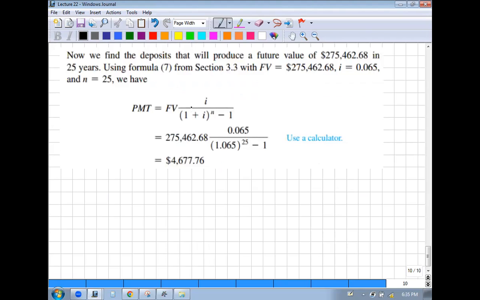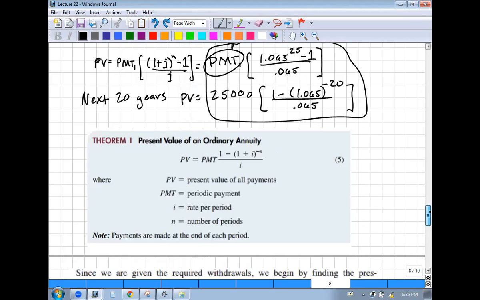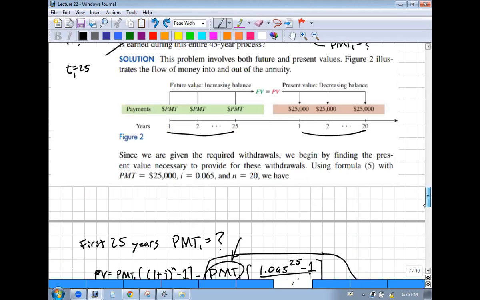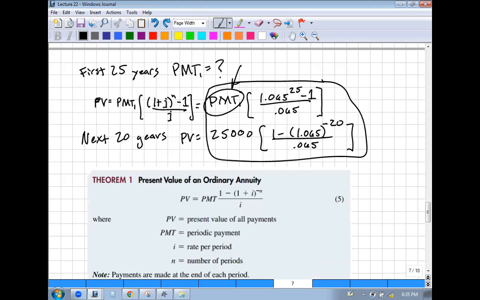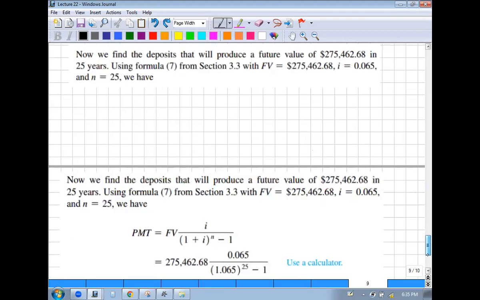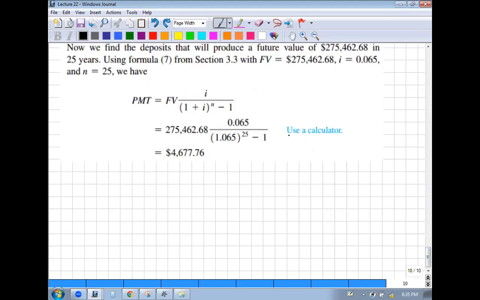So here they solve for PMT first, which I guess you could do and plug it in. So they did it backwards from the way I did. They figured out the future present value first, plugged it in here, and then solved for that. But you can do it that way too. Mathematically, it's equivalent. Okay. And we get our payment, $4,000 something.